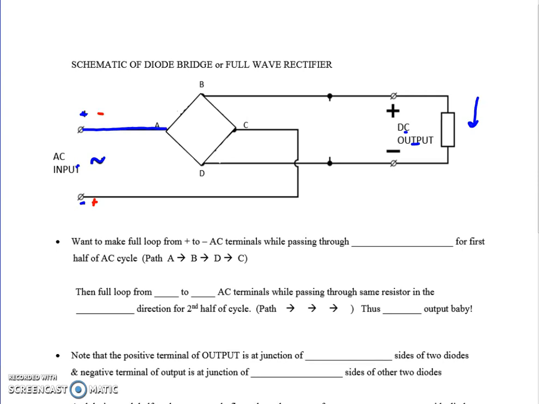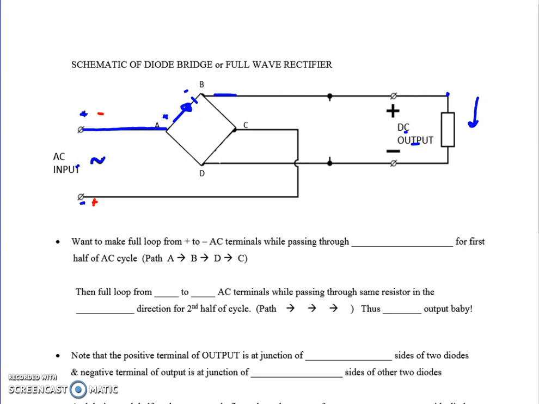I want to go to the load right here, so it makes sense I'd go from A to B. To make sure the current can only go this way from A to B, because remember, the current's going to be constantly changing direction with the AC input, I'm going to put my first diode right there. This is my diode symbol indicating that this is the positive side, this is the negative side, and so we're going to go from A to B.